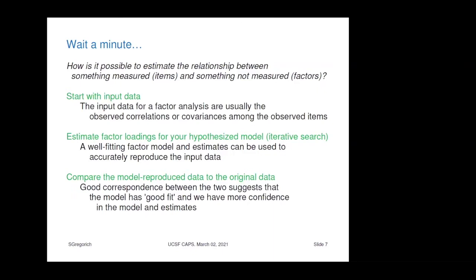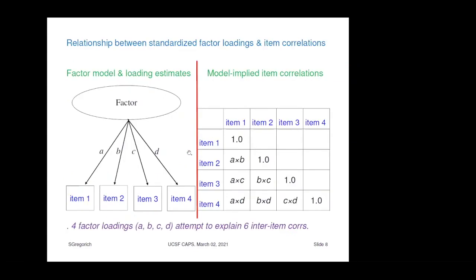You can compare the model reproduced correlation matrix to the observed correlation matrix. And if they're close, it suggests that your model is doing a pretty good job of explaining the observed relationships. And to the extent that your model is parsimonious, that's evidence that you're on the right track.